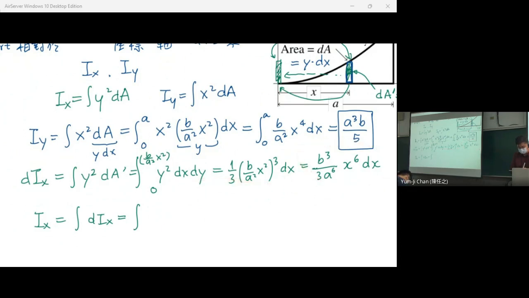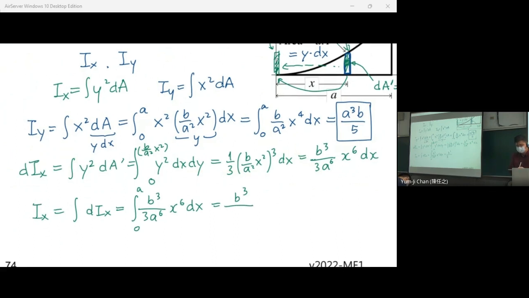Then the integration is from 0 to a. Then it means we have b cubed over 3a to the power 6, and then x to the power 7 over 7, which is equal to ab cubed over 21.